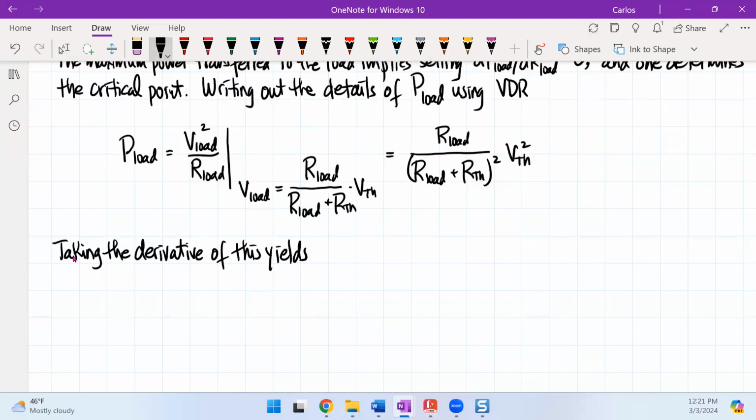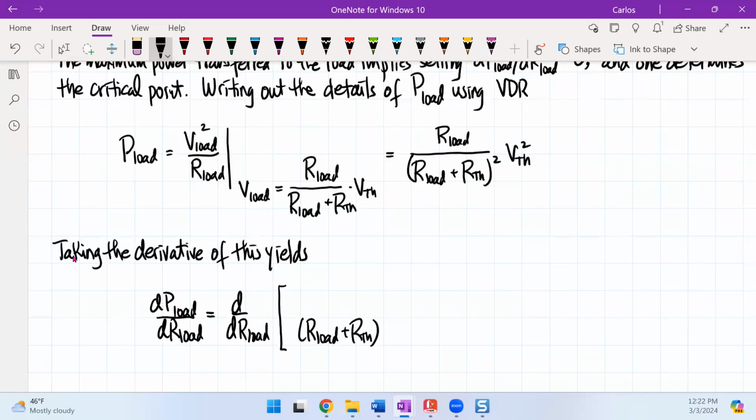Yields that I get that the derivative of P load with respect to R load is then going to be the derivative of that quantity up there, which means that I have R load plus RTH squared.